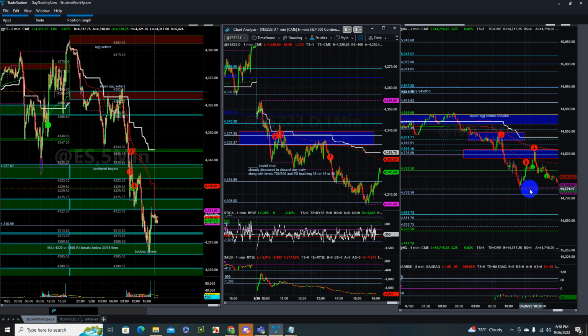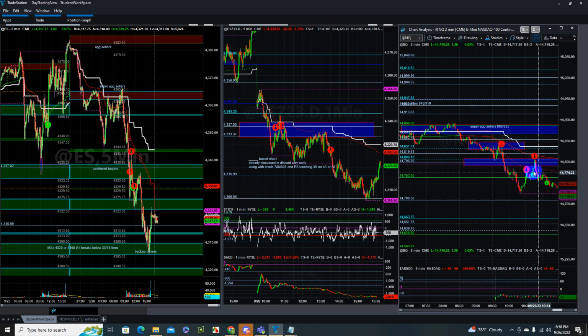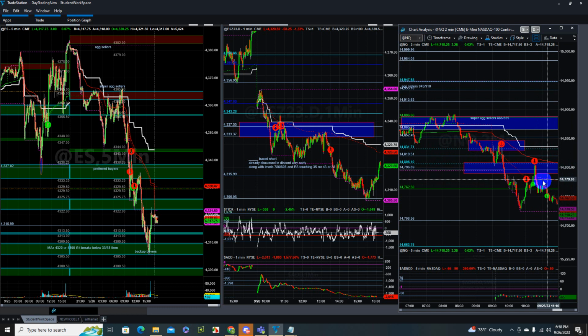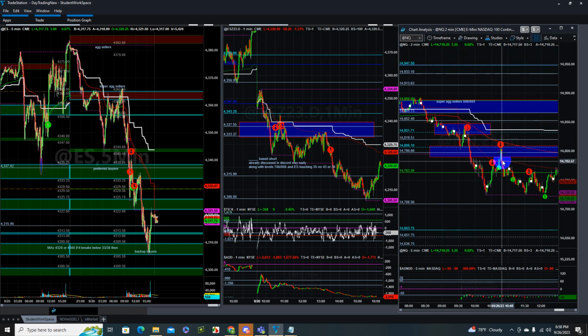Then I was waiting to see if it pulls back here, this line, so I can add more, and it did not pull back. So it went through this area and it was hesitating here. Since 765 and 774 was my original short, I just relied on that level and put an additional short here. In ES I did not add any more contracts, and then I just held it.